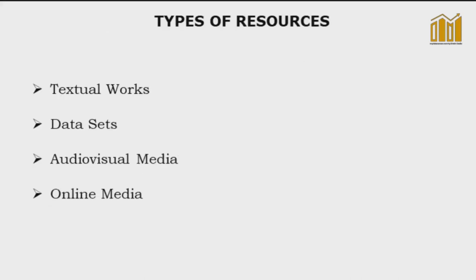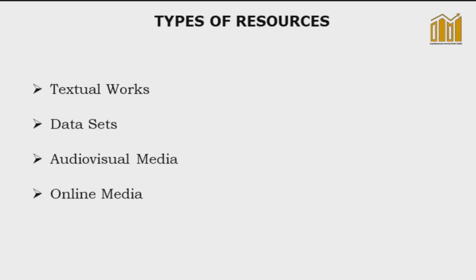We will now discuss the examples of the most common resources that are cited by the researchers, starting with textual works. Textual works refers to written works. It doesn't matter where you find the textual work, for example, an online book or a report on a website, or the format.